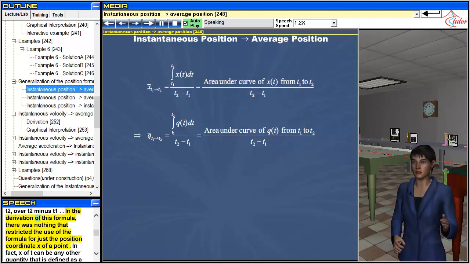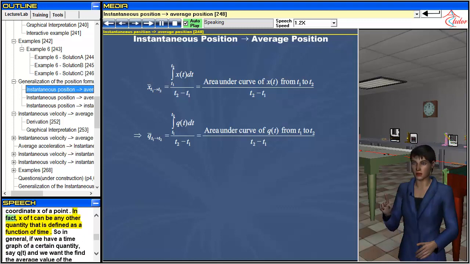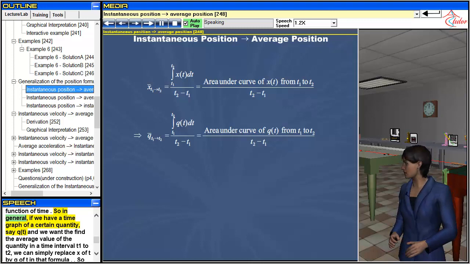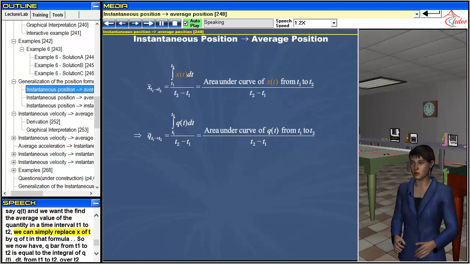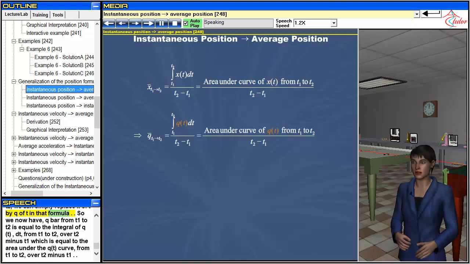In the derivation of this formula, there was nothing that restricted the use of the formula for just the position coordinate x of a point. In fact, x of t can be any other quantity that is defined as a function of time. So in general, if we have a time graph of a certain quantity, say q of t, and we want to find the average value of the quantity in a time interval t1 to t2, we can simply replace x of t by q of t in that formula.